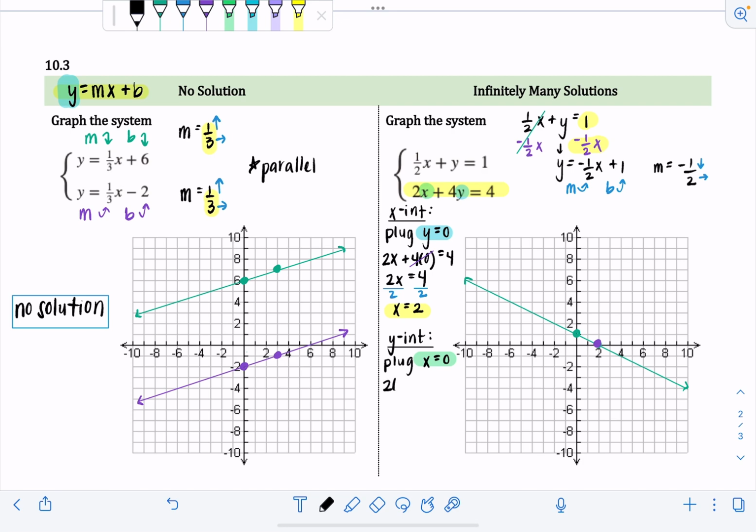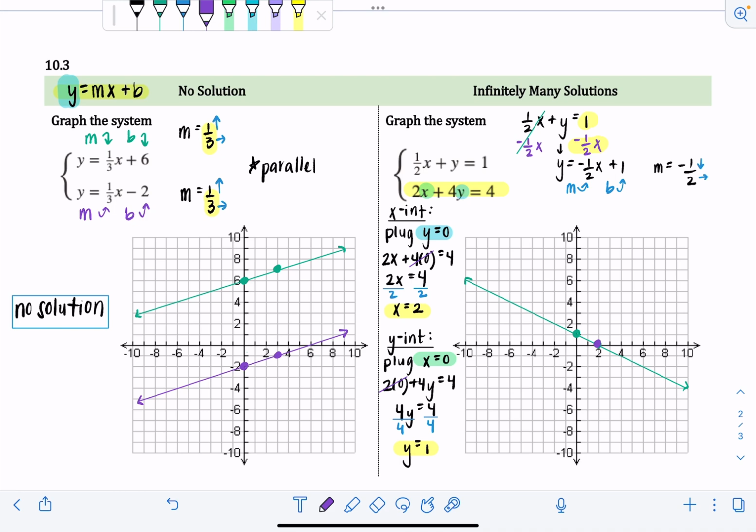So it'd be 2 times 0 for x plus 4y, I just leave y there this time, equals 4. 2 times 0 is just 0, so it doesn't make a difference. I can cross it off, and then I bring down my 4y equals 4. From there, I'm trying to get y by itself, so I would divide both sides by 4. And then 4 divided by 4 is 1, so I'd be left with y equals 1, and that's my y-intercept.